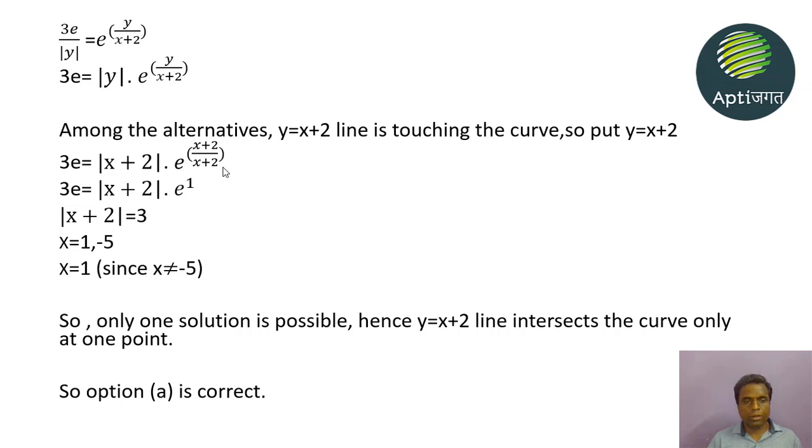But we accept only the value 1, because x equal to minus 5 is not acceptable according to the conditions given in the problem. So only one solution is possible, that is x equal to 1. Hence the line y equal to x plus 2 intersects only at one point. So option A is correct.